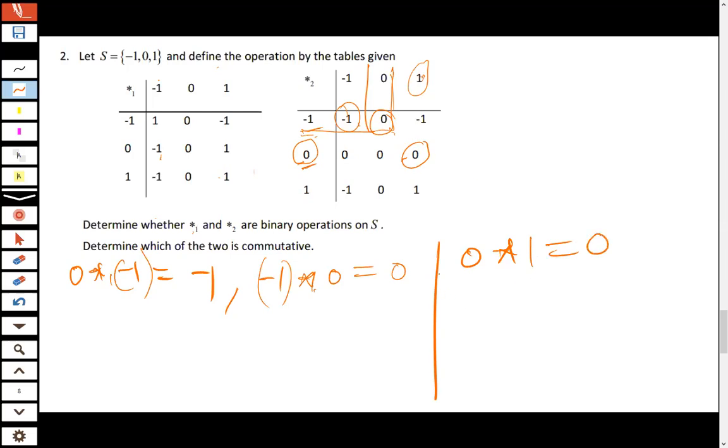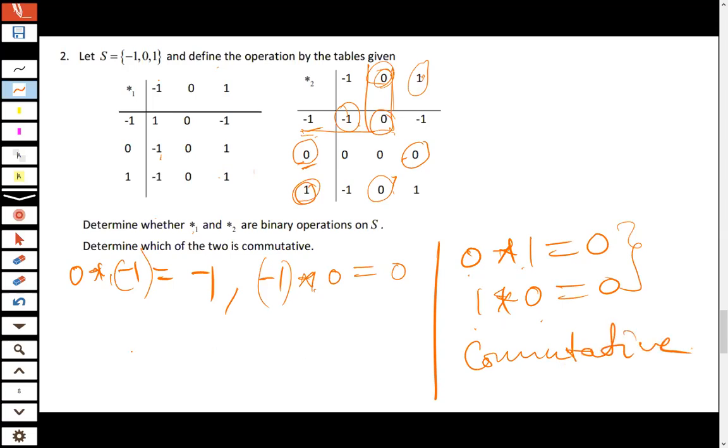And then what of 1 star 0? 1 star 0, the answer is 0. So when you find 0 star 1 and 1 star 0, the answers are just the same. It means that the given expression is commutative.